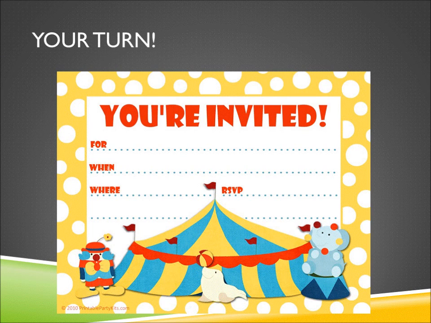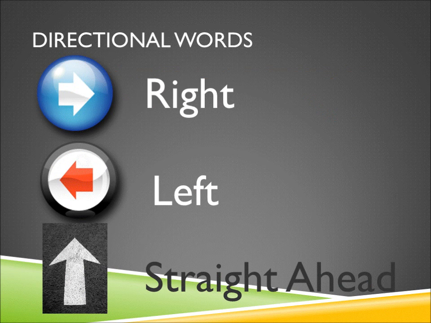Practice those with me. Right, left, straight ahead. Practice saying those a few more times. They are going to be important for the rest of the lesson. Right, left, straight ahead.